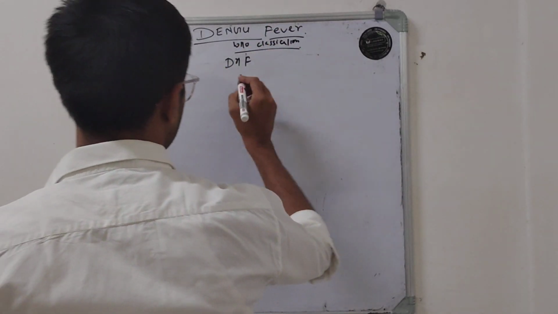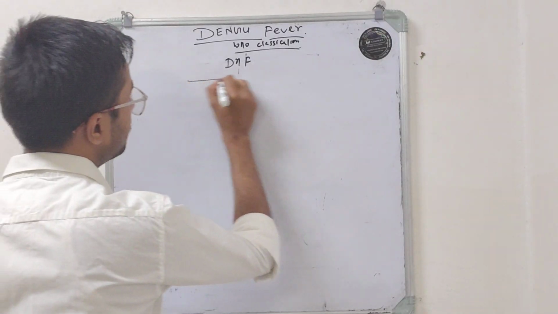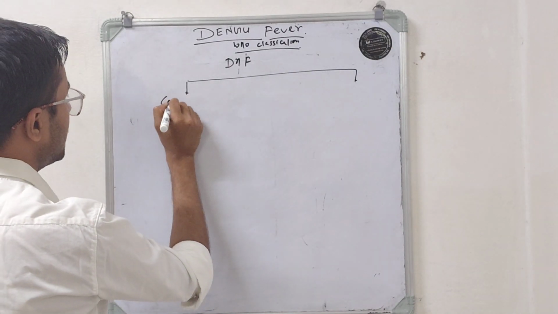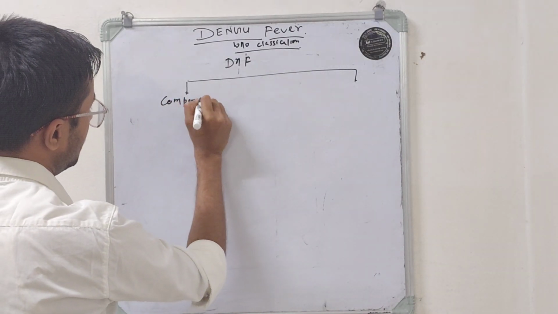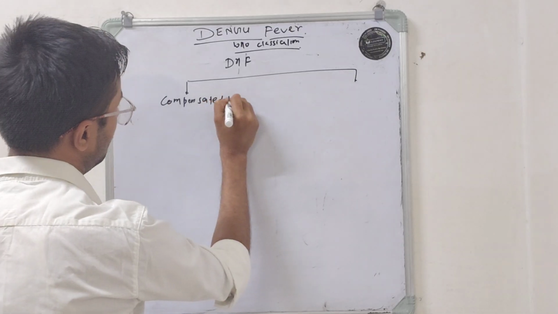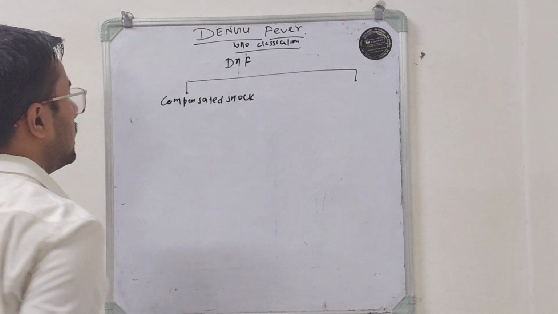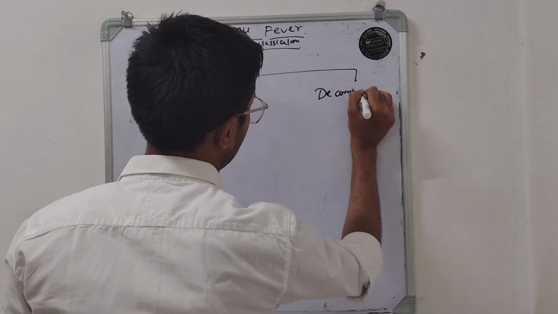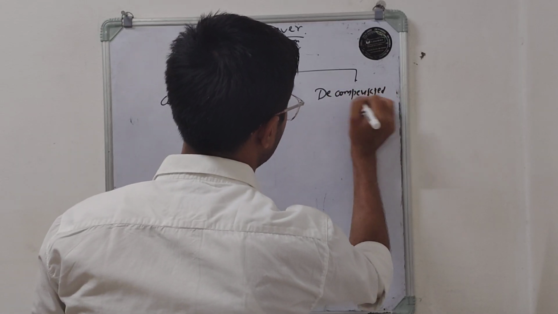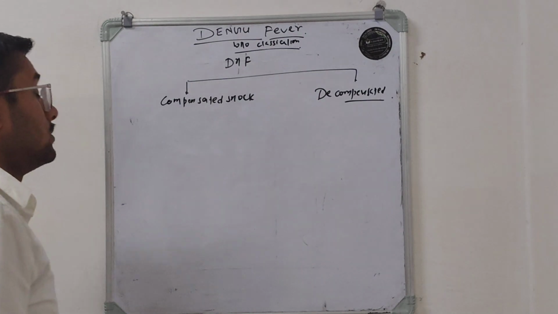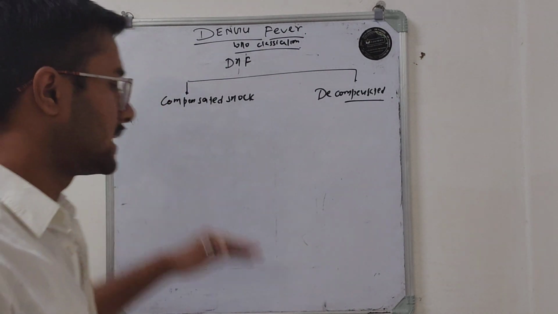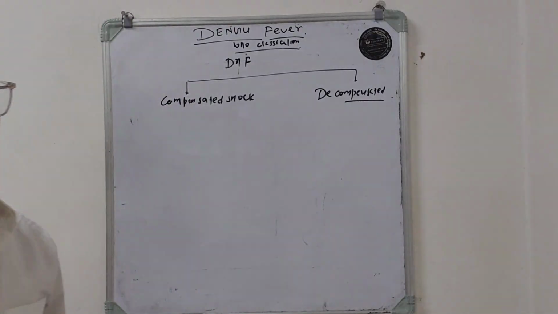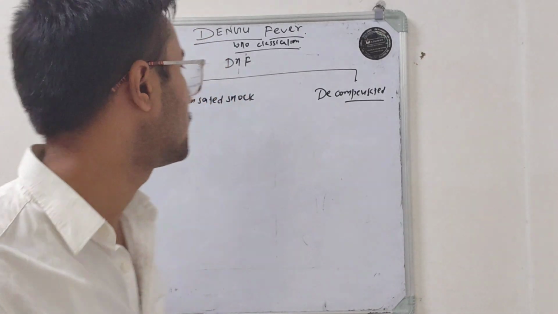So on the basis of plasma leakage, dengue hemorrhagic fever is further categorized into compensated shock and decompensated shock. So what are the criteria on this basis by which we can classify that the patient has compensated shock or decompensated shock?